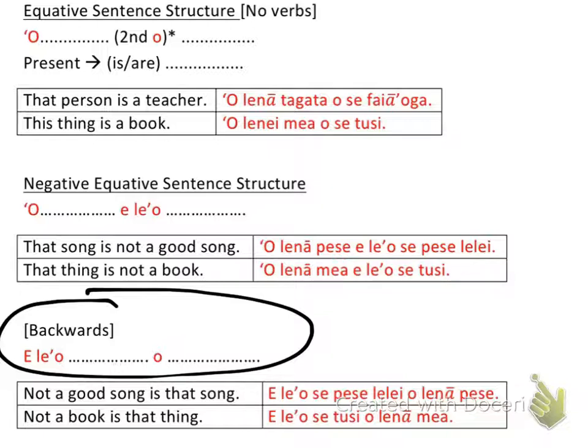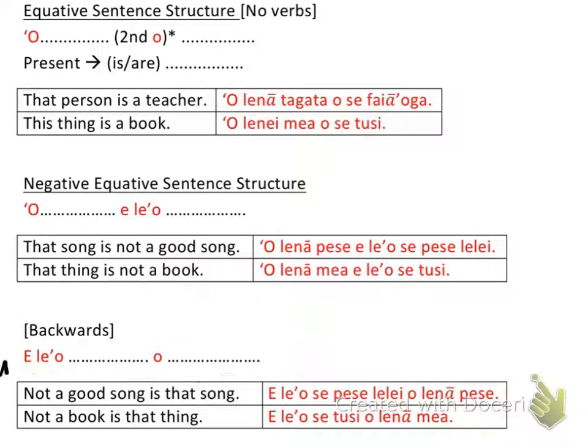So you're saying not this thing is this thing. Okay? So basically you're negating whatever you're saying first, and then you're putting the noun phrase last. So if that didn't make sense, you're negating at the beginning, and then you're putting your noun phrase at the end. So, for example, not a good song is that song.